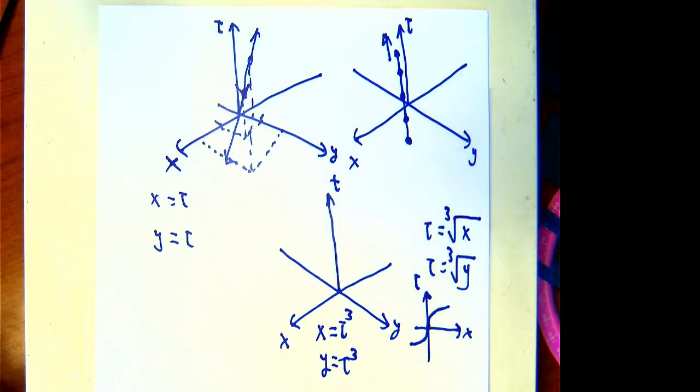In the case of x equals t cubed and y equals t cubed, t is, for instance, the cube root of x. If I draw the projection of the path onto the tx plane, I clearly see that it's not a straight line, it's curved. We would get a similar picture for t equals cube root of y.